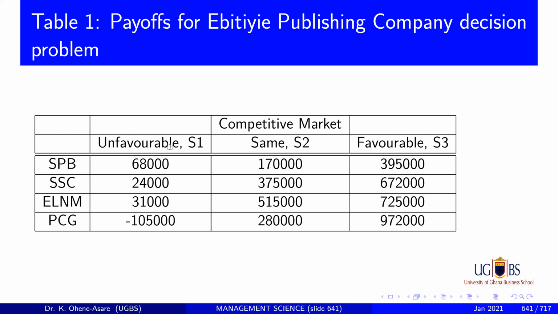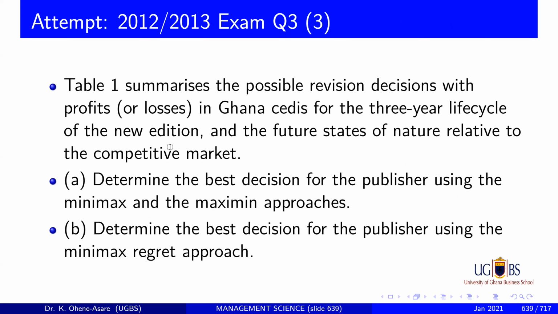If you look at it carefully, there are 3. And how many are the decision alternatives? There are 4. So on the basis of this, can you now calculate all approaches? Absolutely. Now look at the question.